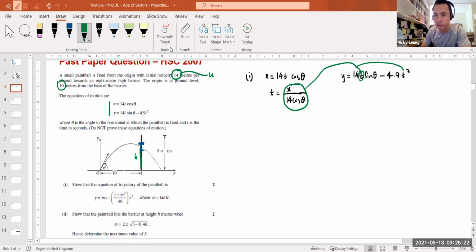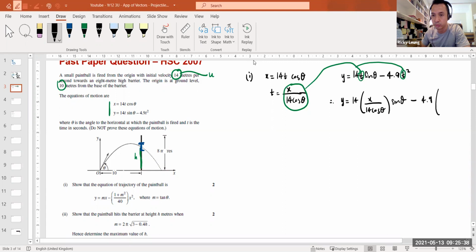I get, therefore, y equals 14 times x on 14 cos theta, sin theta, minus 4.9 times x on 14 cos theta, squared.